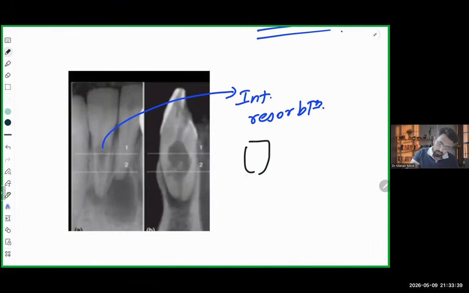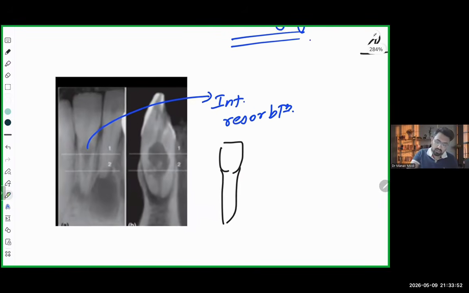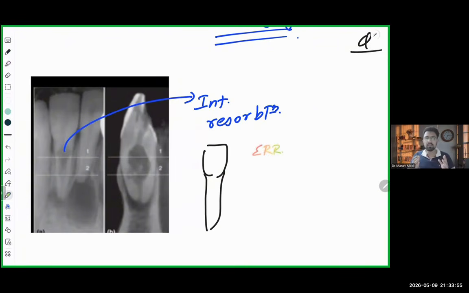So for example, we have this tooth. In external inflammatory resorption, you will see the radiolucent areas like this on the border. Whereas in external replacement resorption, what we will see is that the PDL space is not there and the tooth is moving towards ankylosis.